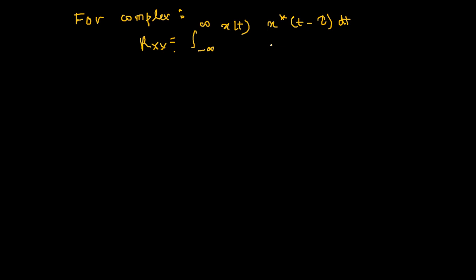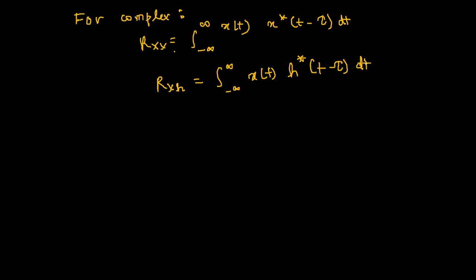Similarly, if you have r of x h, that will be given by integration from minus infinity to infinity of x of t and h conjugate of t minus tau dt. So for complex numbers, the term which is getting shifted is taken as a conjugate and not taken directly.